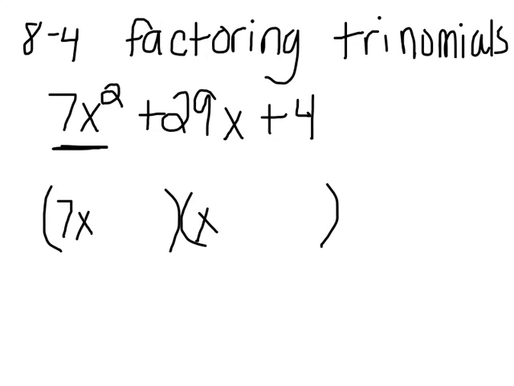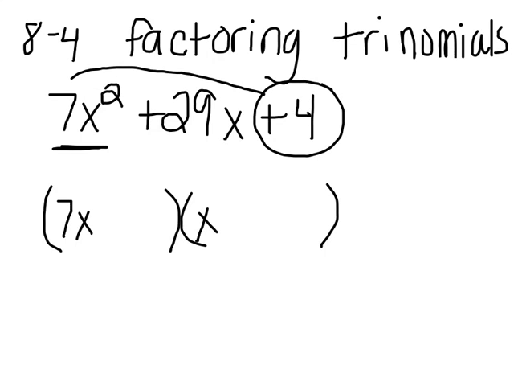Now, this problem differs a little bit from the last type of problems because of the 7x. Normally, we're just able to look at the 4, our end term right here, and look at the factors of 4 that add up to our middle. But because of this leading coefficient of 7, we actually have to multiply 7 times 4 this time.